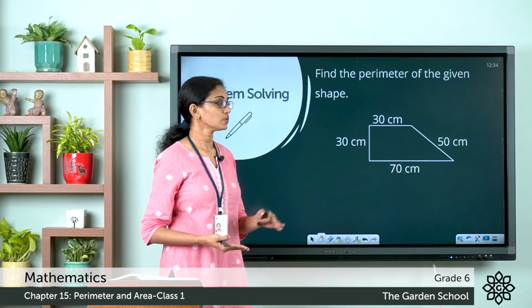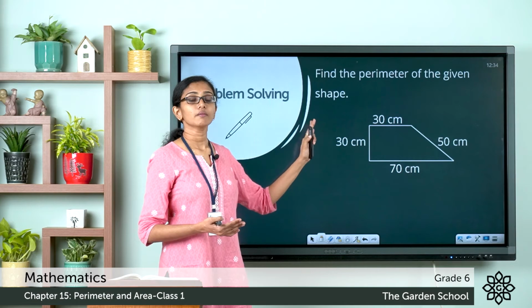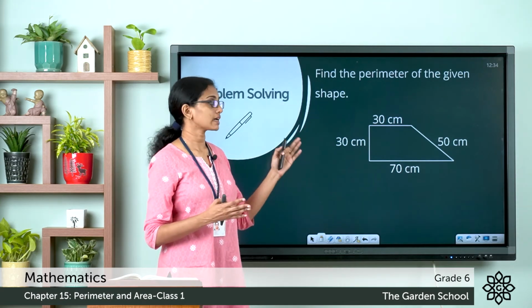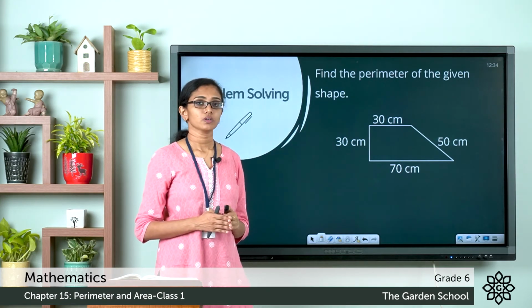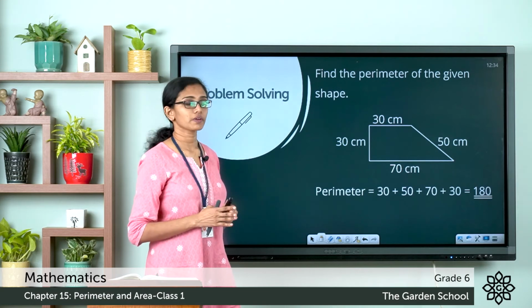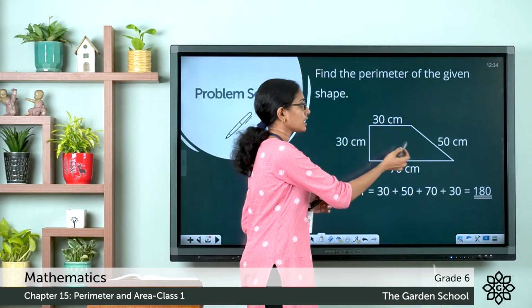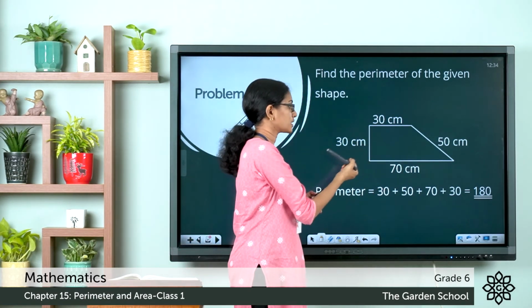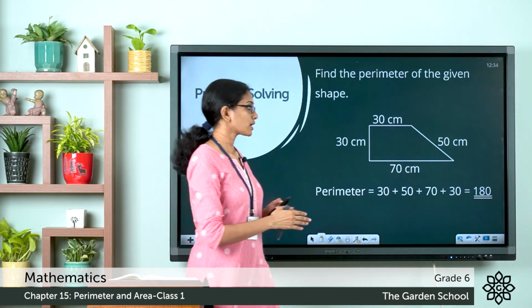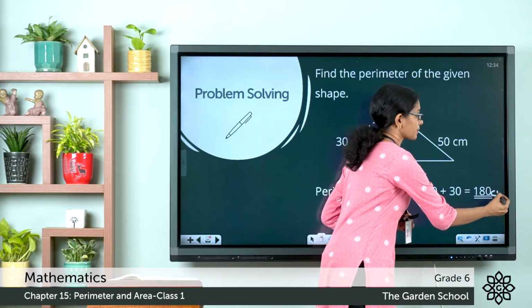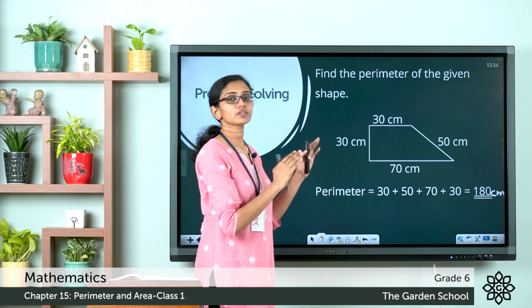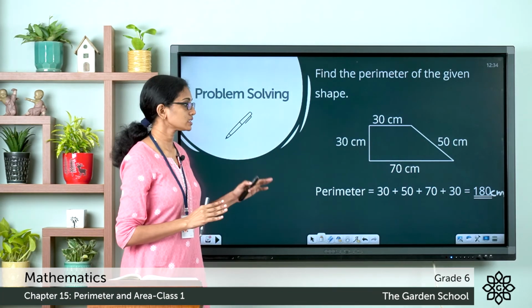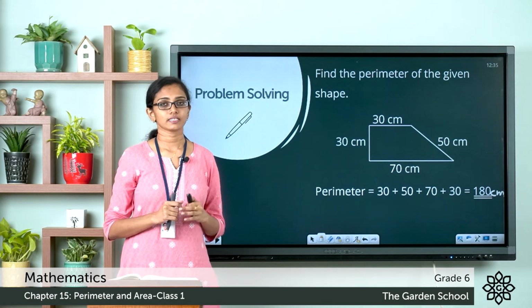It would be equal to the sum of all the dimensions given here. So the perimeter of this figure will be equal to 30 plus 50 plus 70 plus 30, which is equal to 180 centimeter. So the perimeter of this given figure is 180 centimeter.